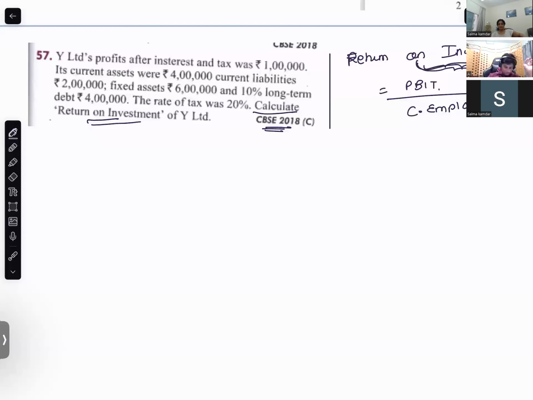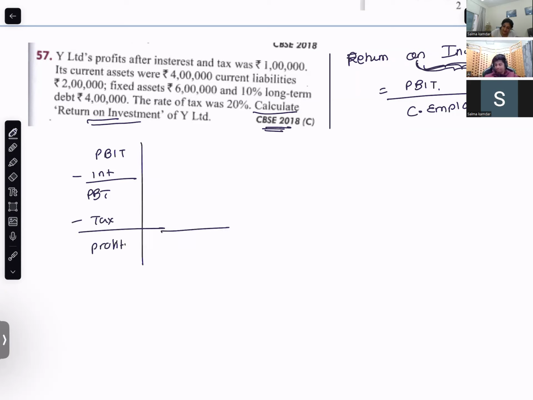So we have to find the return on capital employed. The formula is profit before interest and tax over capital employed into 100. Are you with me? Yes, ma'am. My first thing is profit before interest and tax minus interest gives PBT, minus tax, I get profit for the year. 1 lakh is the profit for the year.